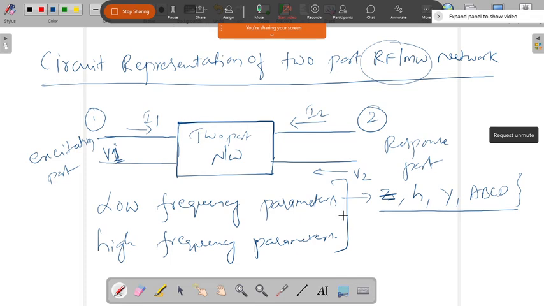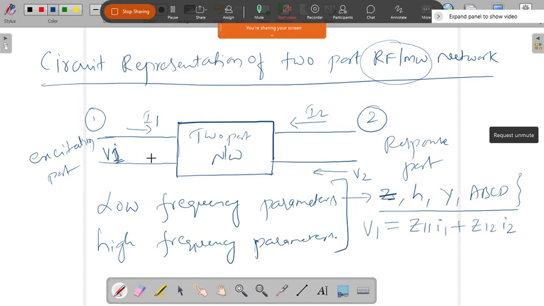To find the Z parameters of this two-port network, the voltage V1 can be represented as Z11 I1 plus Z12 I2. Z11 is nothing but the ratio of V1 by I1, that is the input impedance at the input side.